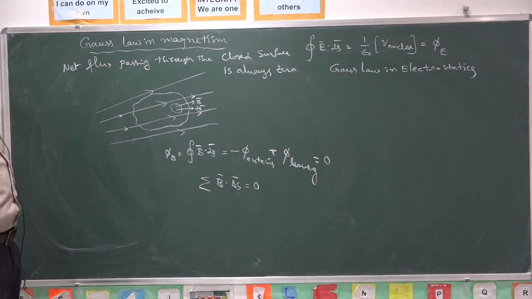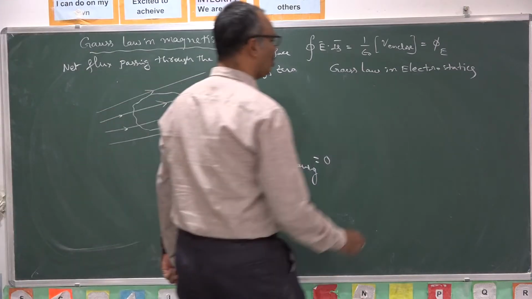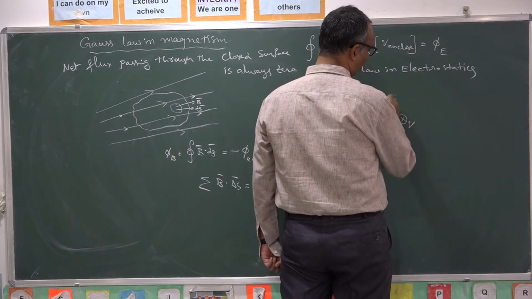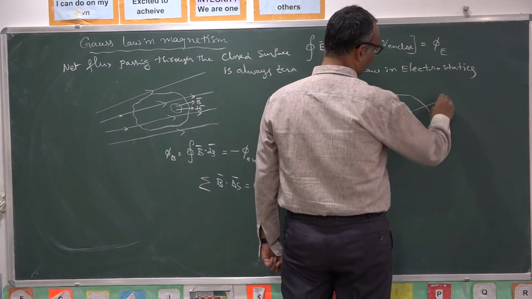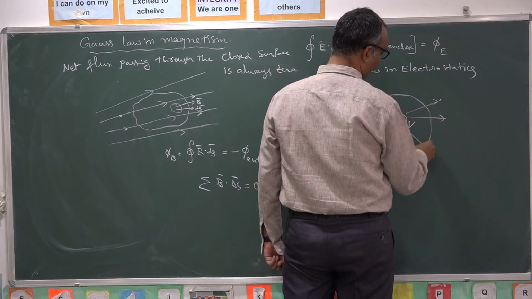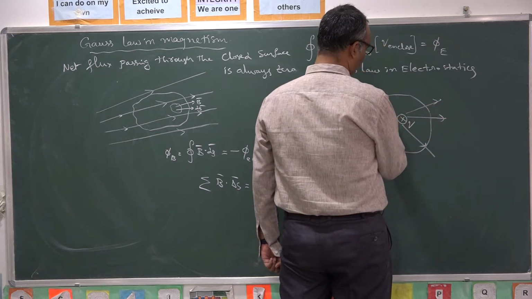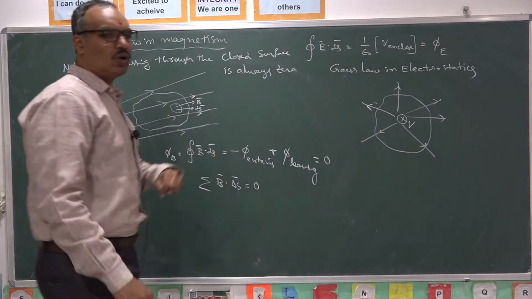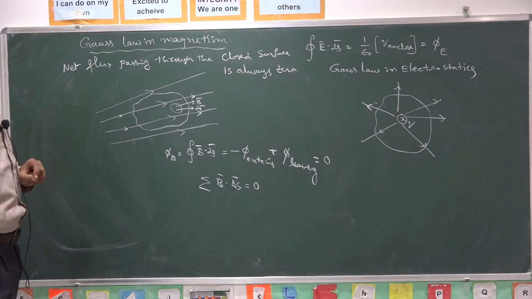So what is the difference between Gauss law in electrostatics and Gauss law in magnetism? In electrostatics, if you keep a charge here, either plus q or minus q, if you consider a Gaussian surface, only flux is leaving out of the surface, since they are open curves. But magnetic lines of force are closed loops, as we discussed earlier.